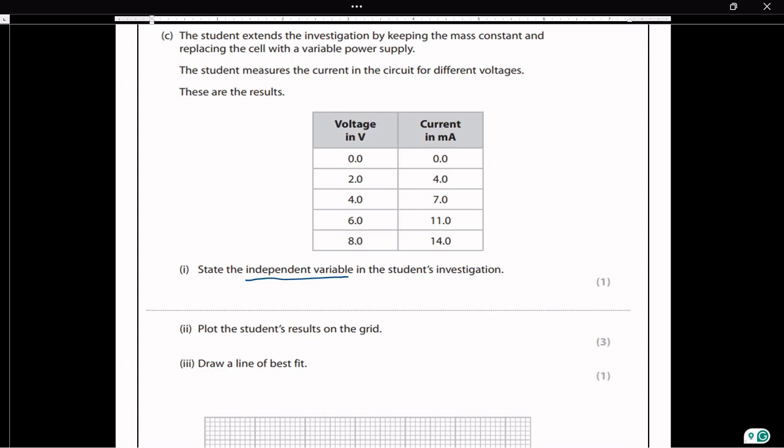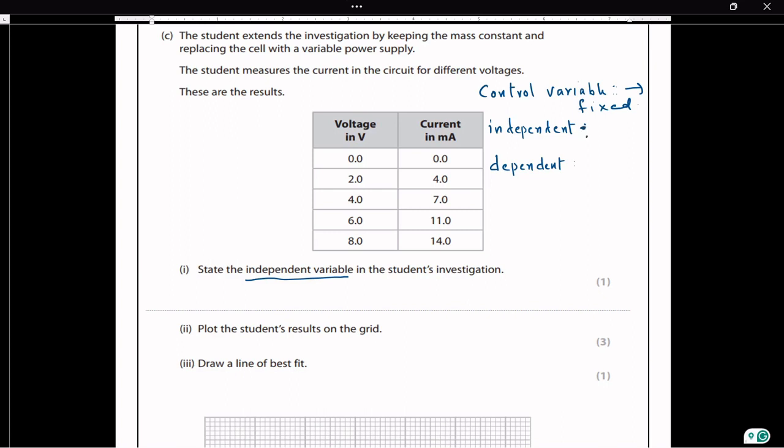So there are three types of variable: control variable, the independent one, and the dependent one. Control variable means it's fixed throughout.